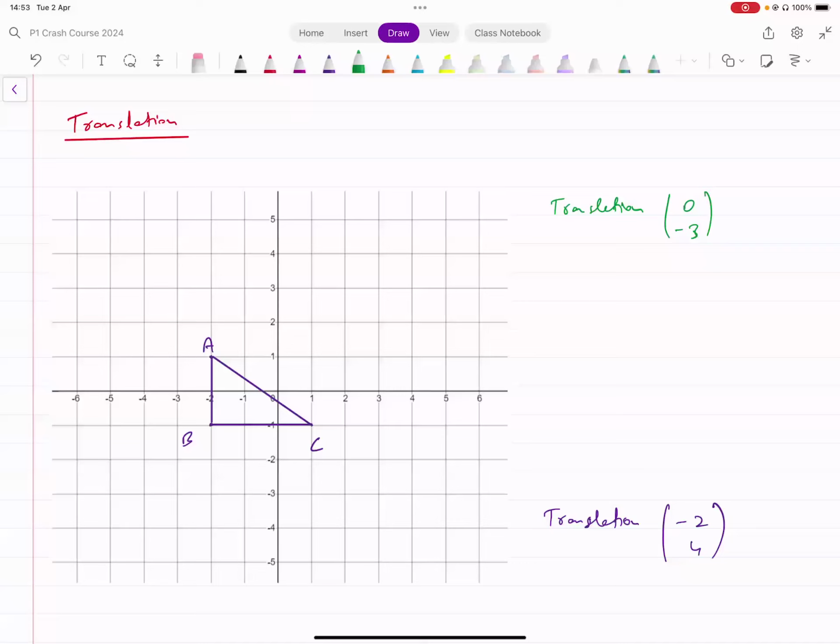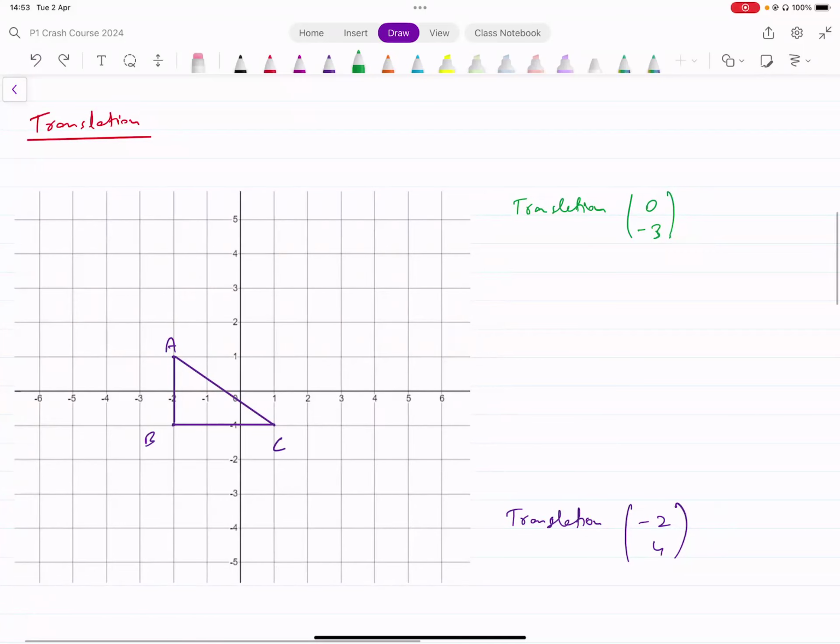Now, what does this vector mean? Remember this? The first number represents the x component of translation. The second number represents the y component of the translation. So 0 means horizontally, you don't have to move at all. Minus 3 means you have to move 3 units down. So the diagram basically moves 3 units downwards.